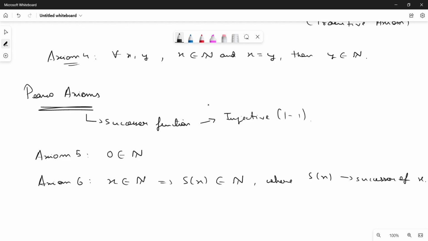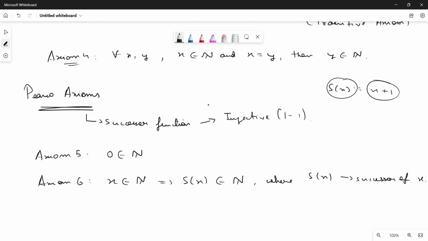At this moment, we are not defining the function. We are just using it as a symbol to denote the successor of x. Now intuitively, Sx is actually x plus 1 for all x, and we will be approaching this definition a bit later. But at this moment, Sx just means the successor of x.